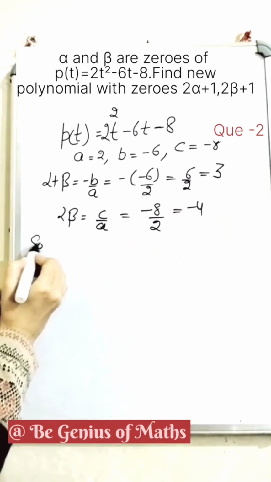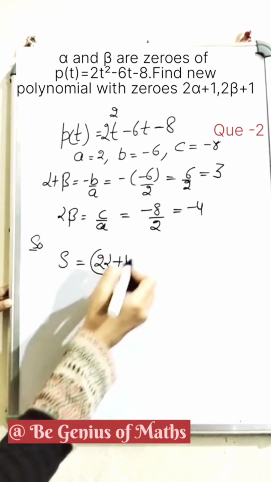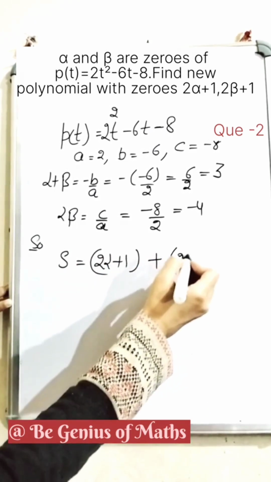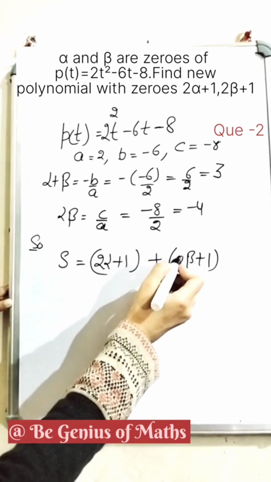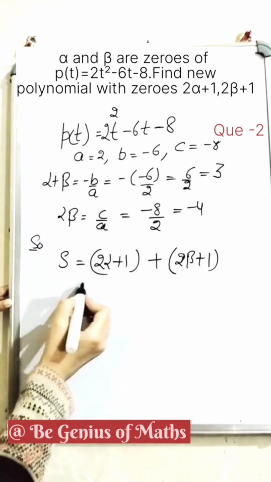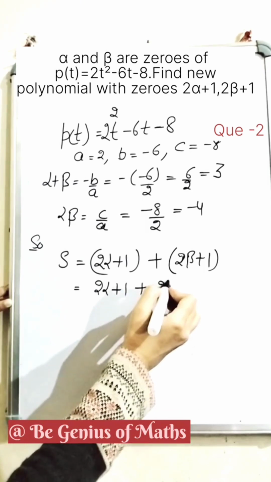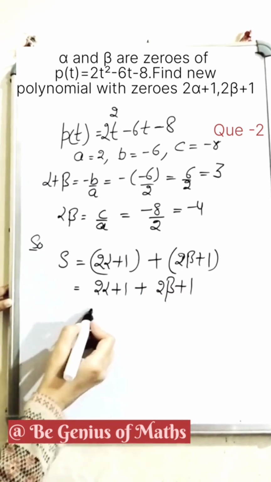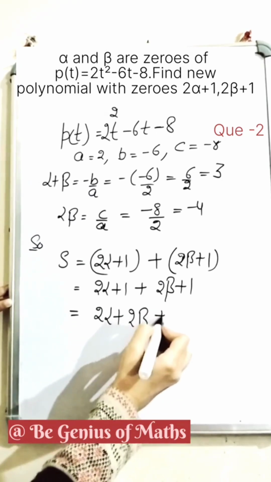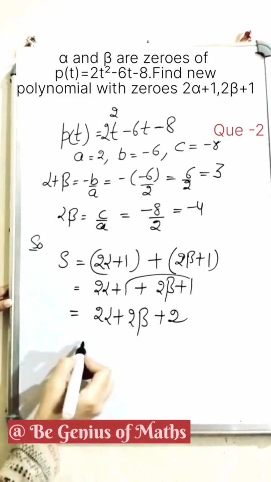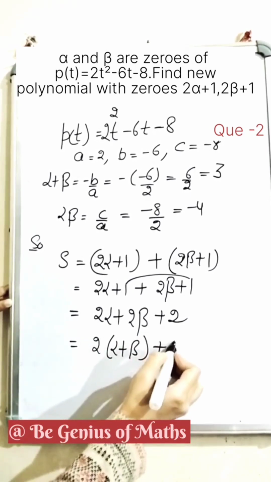Now the sum of new zeros. 2 alpha plus 2 beta plus 1 and 1 is 2. 2 common, alpha plus beta plus 2.